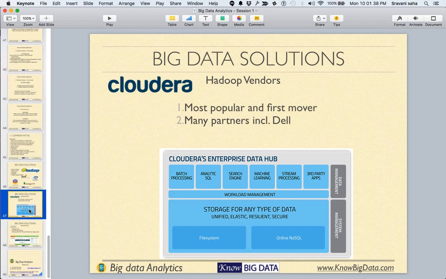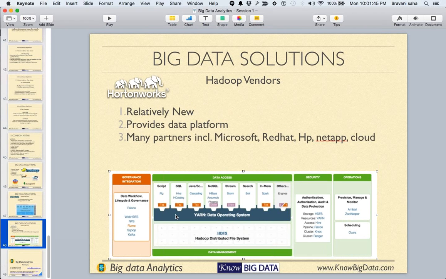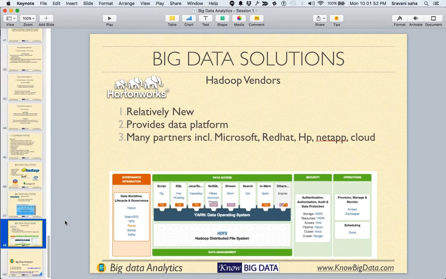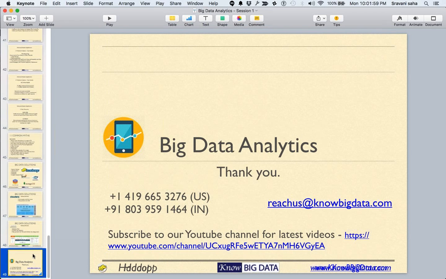They both provide their stack including Hadoop, and most of them actually have similar tool sets. On CloudX Lab, we have taken the best components out of both and put them on our cloud labs. We will go into the details of the ecosystem in the second session. All right, so we are 2 minutes late.